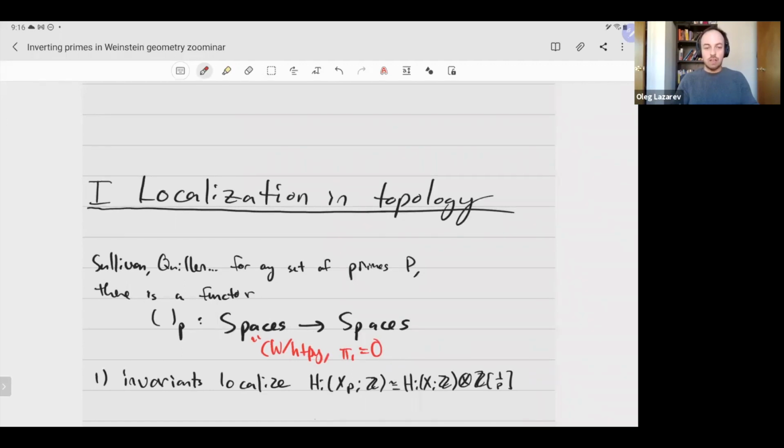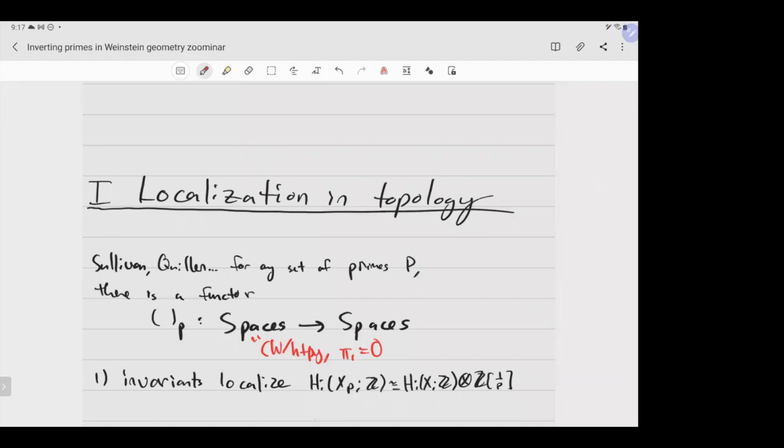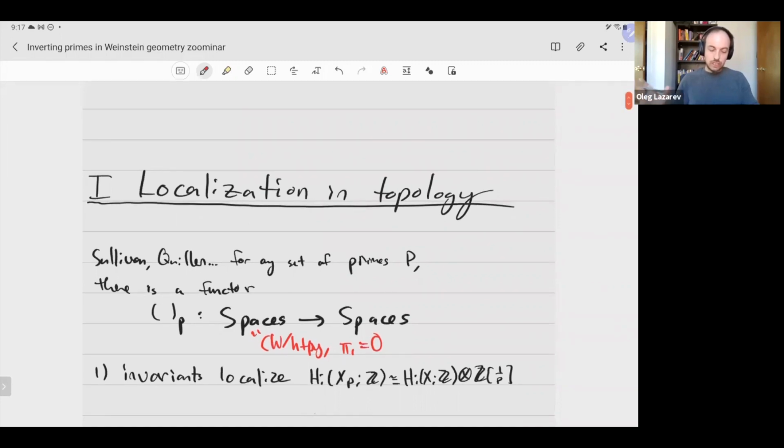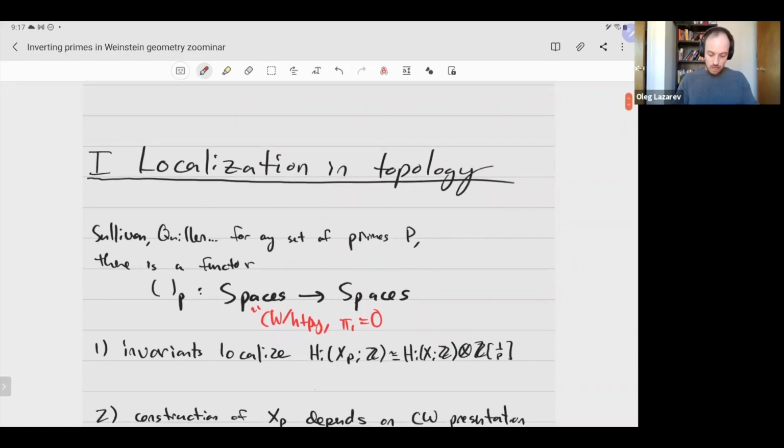So the singular homology of X sub P with Z coefficients is the localization of the singular homology of X away from the set of primes P. You just tensor this abelian group with Z with P inverted. So this functor is a geometric version of this localization of modules.